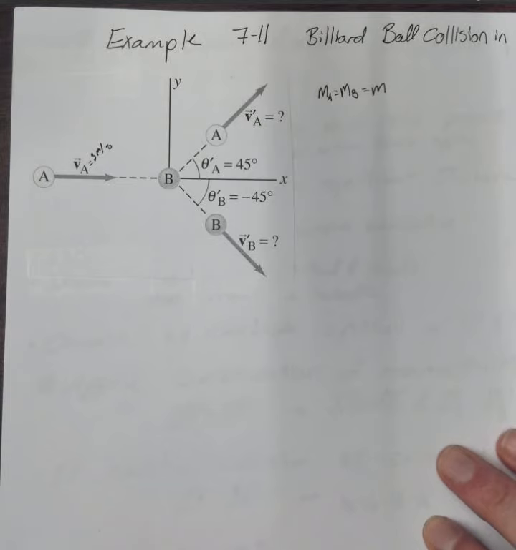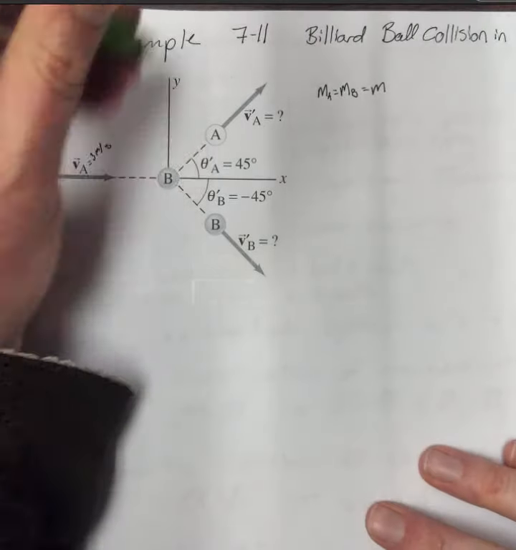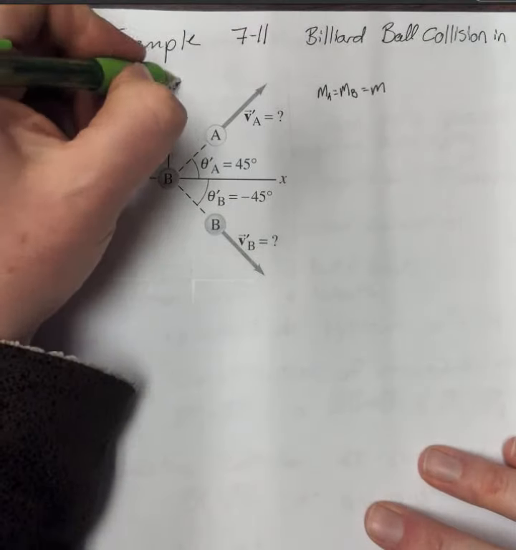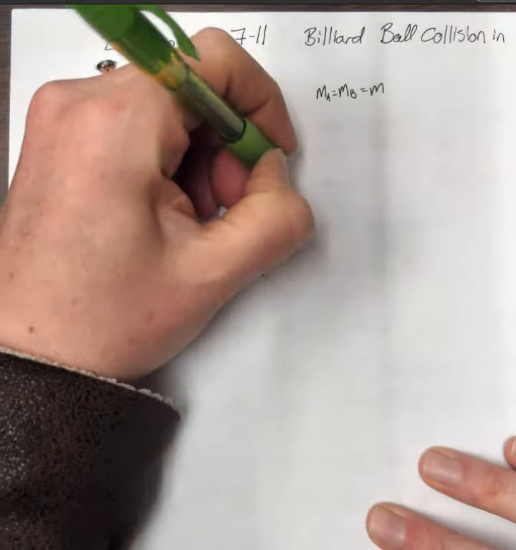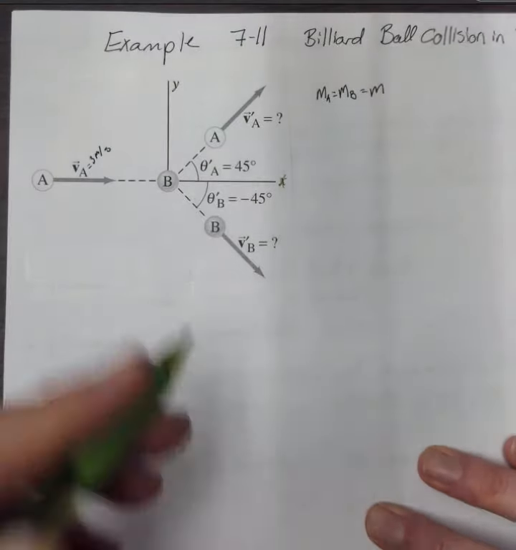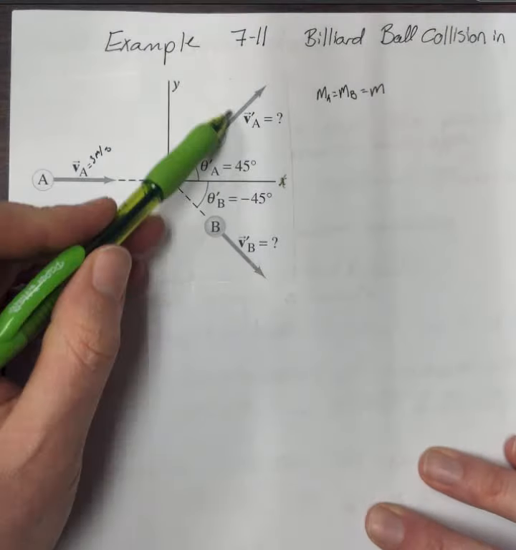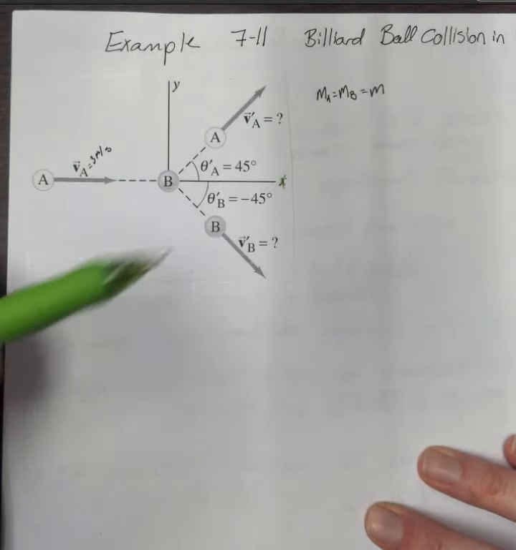Well, we've got momentum, and it's going to be conserved, and it's going to be conserved in both the x and the y direction. So just like we had set up before, we set our axis. So y is perpendicular to the initial pathway, and x is parallel to the initial pathway. Here, the final momenta of A and B are going to have to be broken down into vector components.